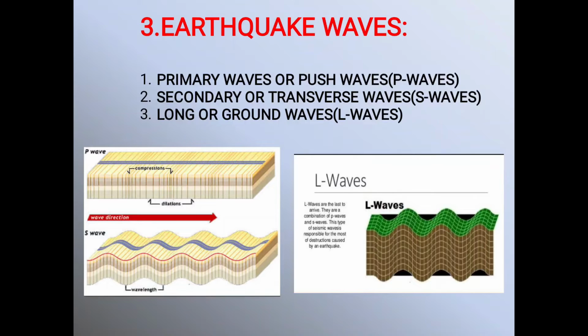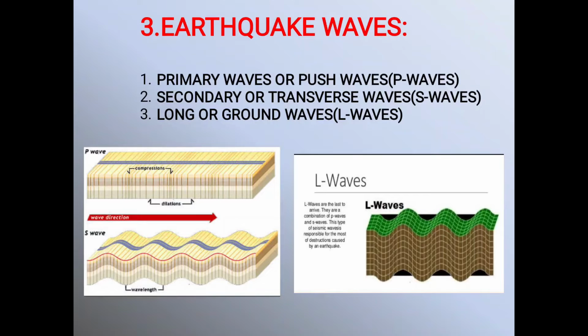Now third waves are the long or ground waves. Those are also known as L waves. These waves travel along the surface of the ground. The P and S waves, that is primary and secondary waves, take a direct course through the earth. The velocity of P waves is greater, and hence they arrive first at the recording station.